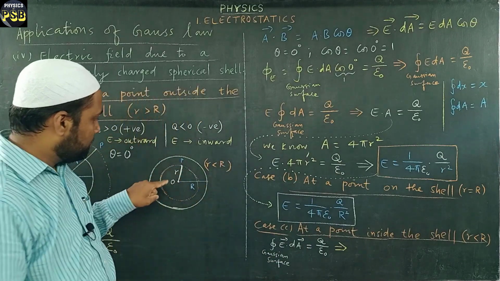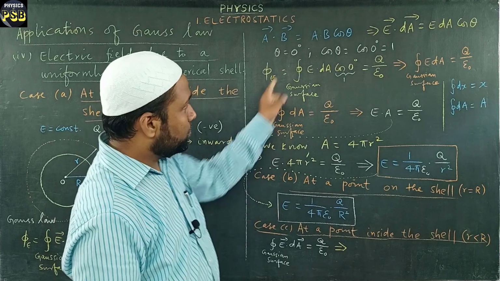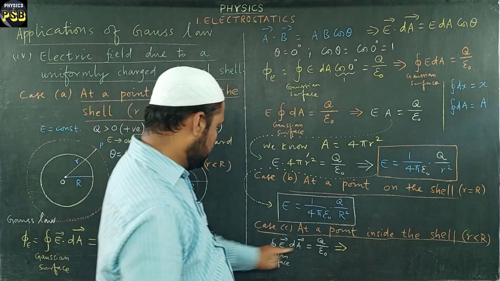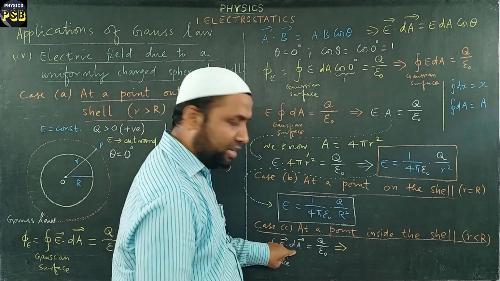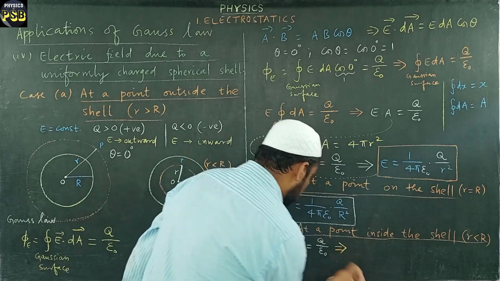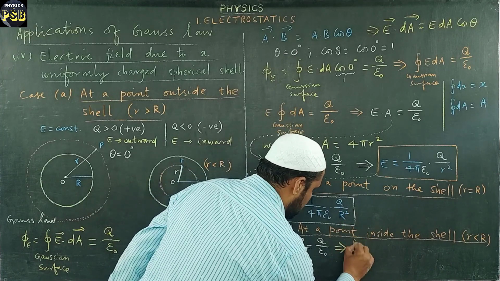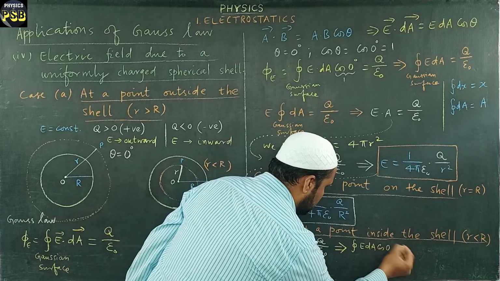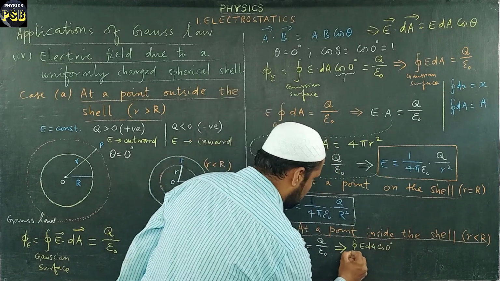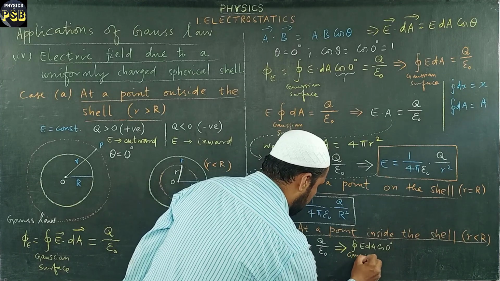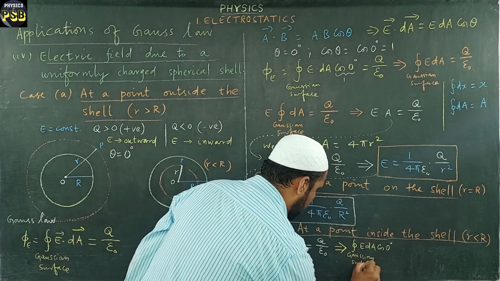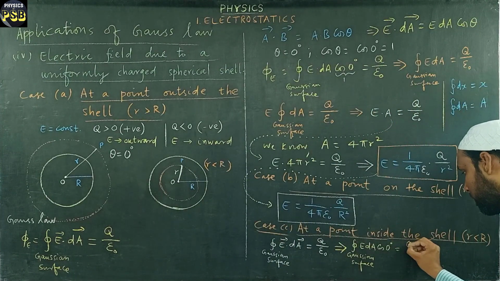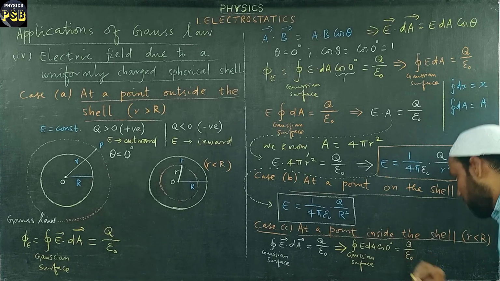Again, the cos of 0 is taken as 1, since the angle between E and dA is 0. We get this closed integral of E dA cos of 0 degree for the Gaussian surface equal to Q upon epsilon naught.